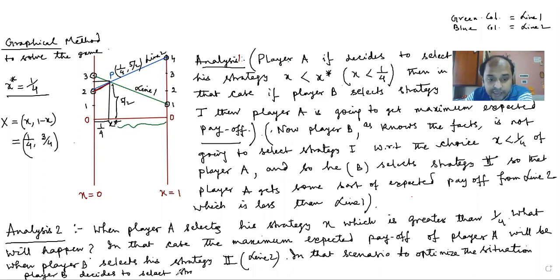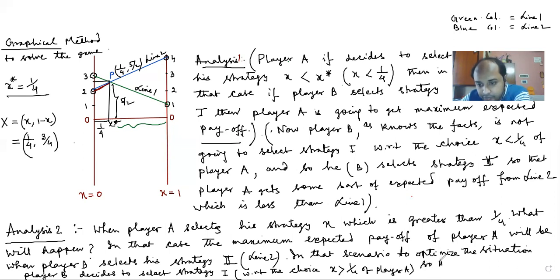Now he is going to select strategy 1 with respect to the choice x greater than 1/4 of player A, so that player A gets lower expected payoff.